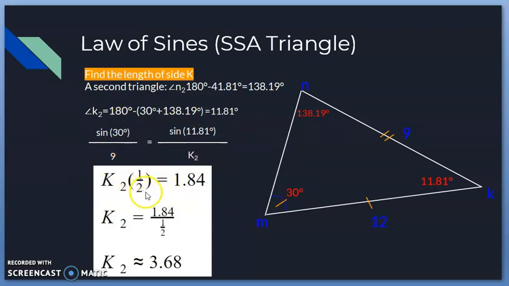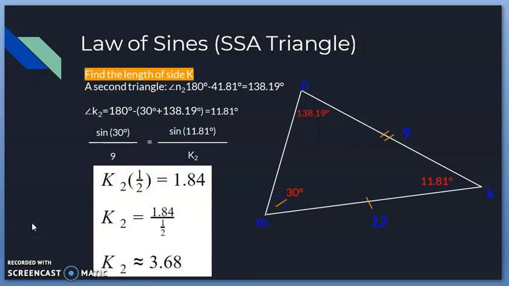Again, the sine of 30 degrees is 1/2, so K times 1/2 is equal to 9 times the sine of 11.81 degrees. That simplifies to 1.84. Divide both sides by 1/2, and you'll get the side length K is about 3.68 if we round to 2 decimal points.